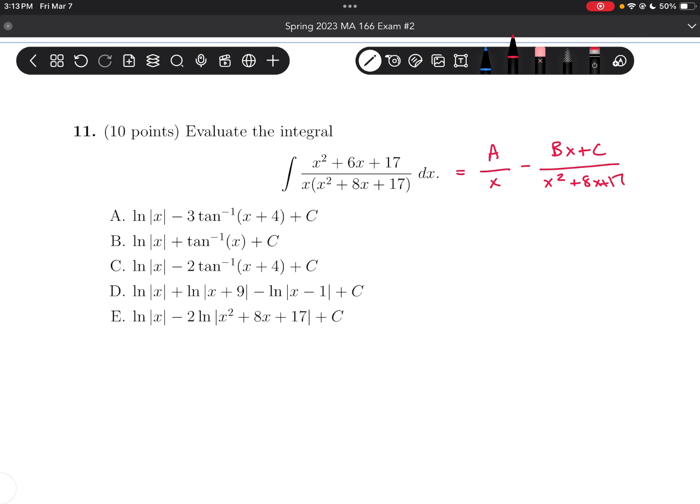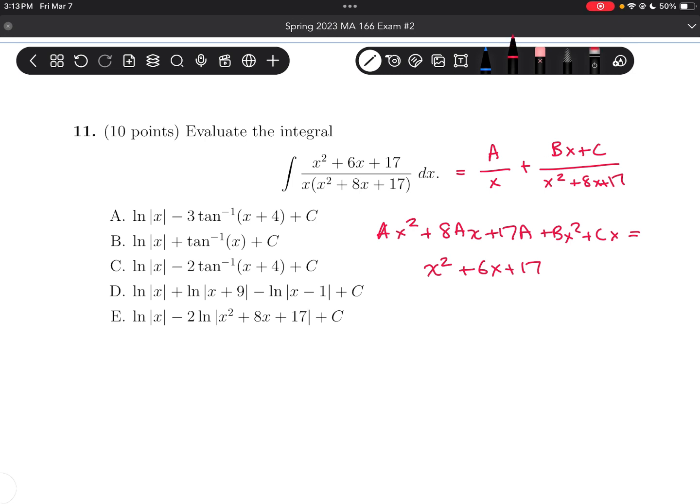I'd put a plus here. So ax squared plus 8ax plus 17a, plus bx squared plus cx, is equal to x squared plus 6x plus 17. I'll say it again, A, B, and C are all constants.